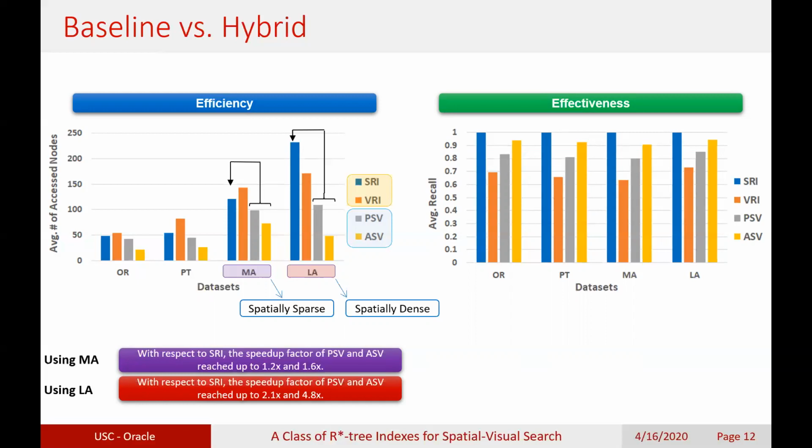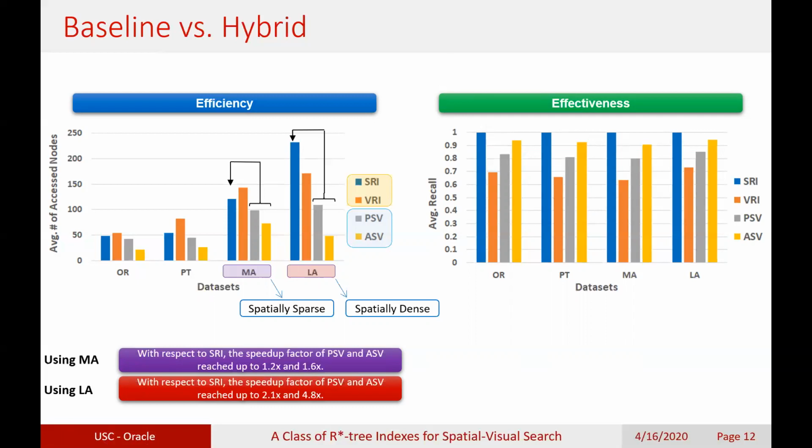In terms of effectiveness, as shown in the right figure, the spatial R-star tree index always achieved a perfect recall score because it does not use a dimension-reduced descriptor for image organization, while the other indexes do, hence obtaining a lower recall score.